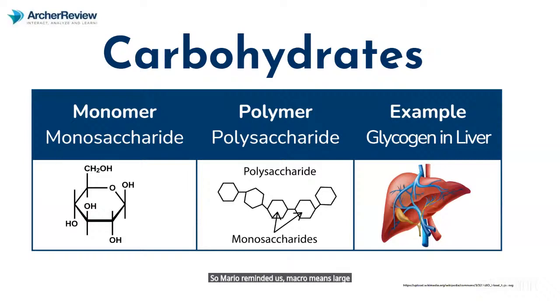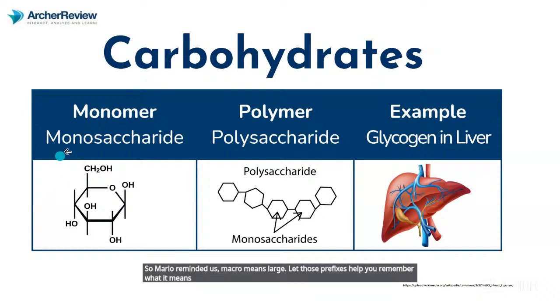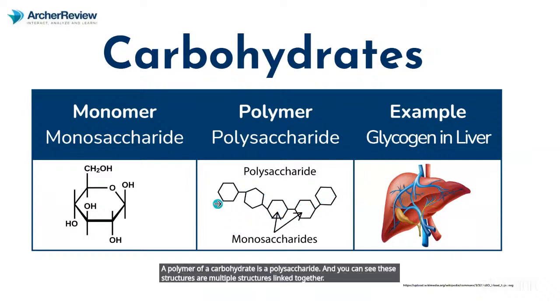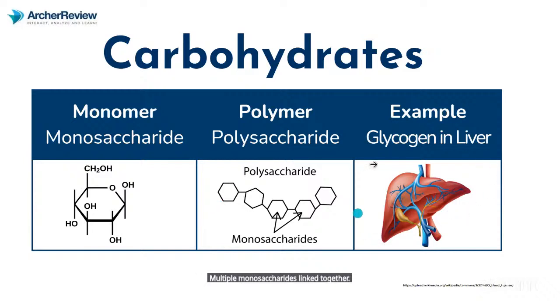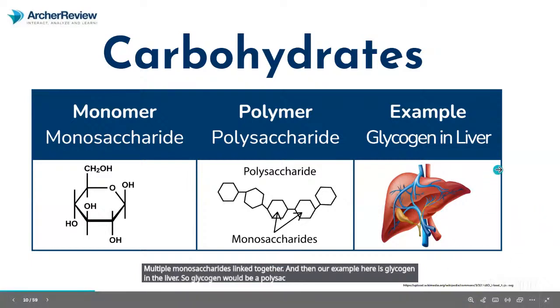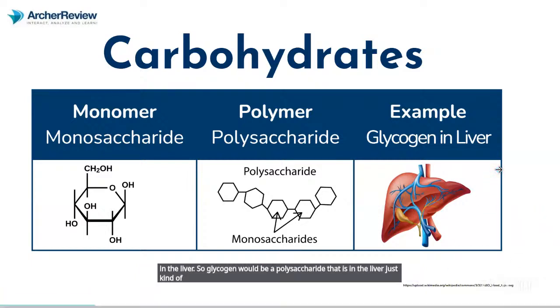Let those prefixes help you remember what it means. So a monomer of carbohydrate is monosaccharide. A polymer of a carbohydrate is a polysaccharide. And you can see these structures are multiple monosaccharides linked together. And then our example here is glycogen in the liver. So glycogen would be a polysaccharide that is in the liver, just kind of waiting to be used for energy when needed.